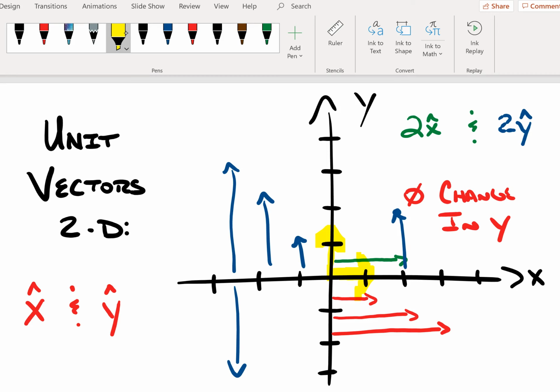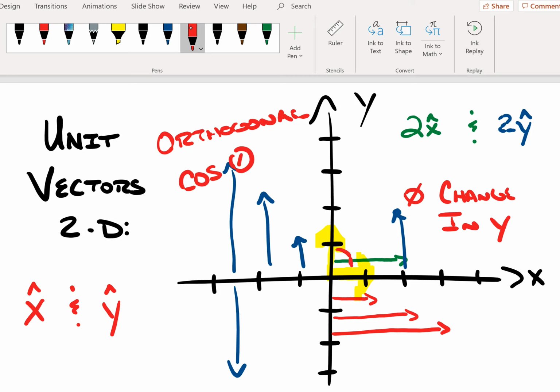This is a term known as orthogonal. And that's a fancy way of saying the cosine of the angle between them, angle theta, is equal to 0 because theta is equal to 90 degrees. And that's how you know you have unit vectors, is when you take the cosine of the angle between them, they are exactly 90 degrees.